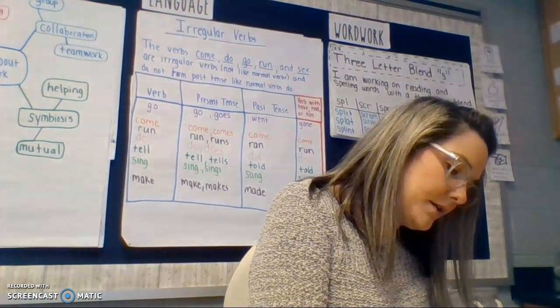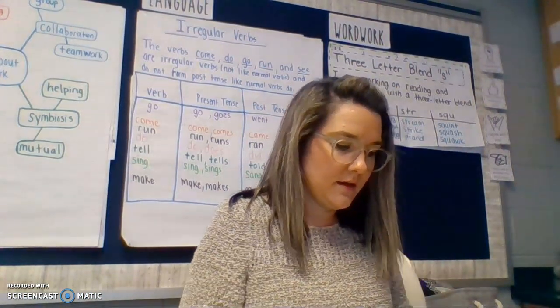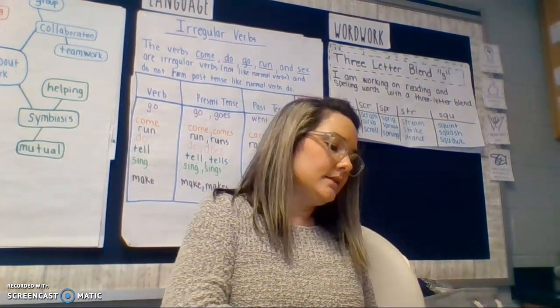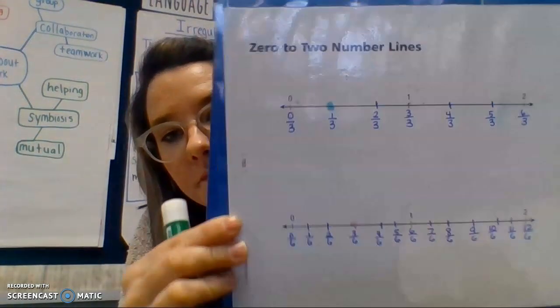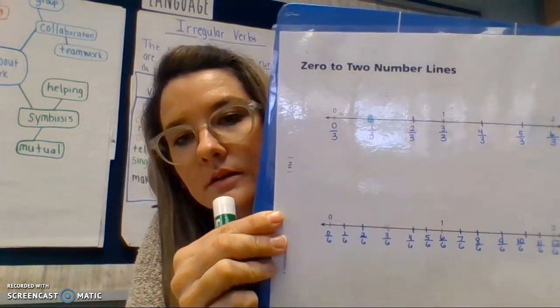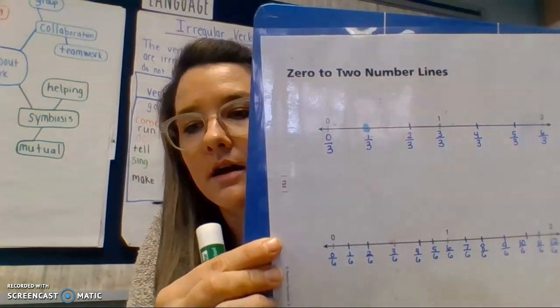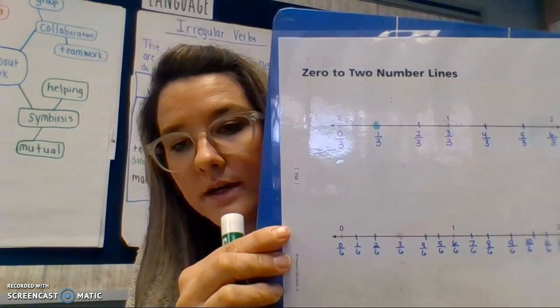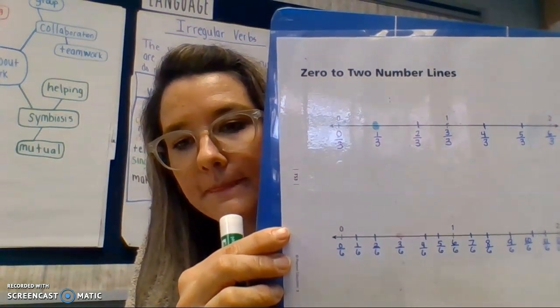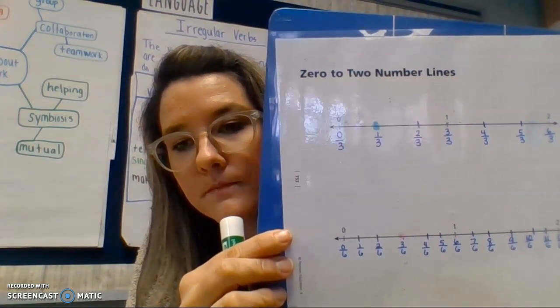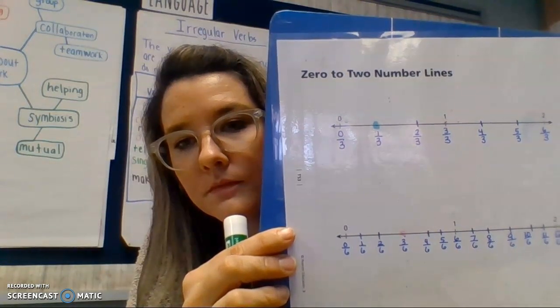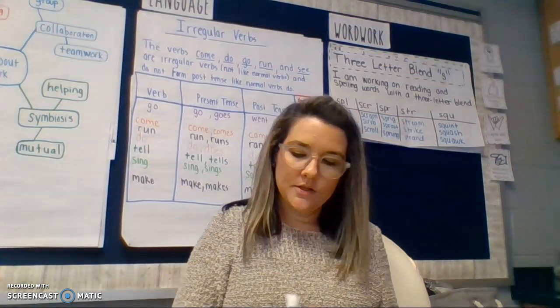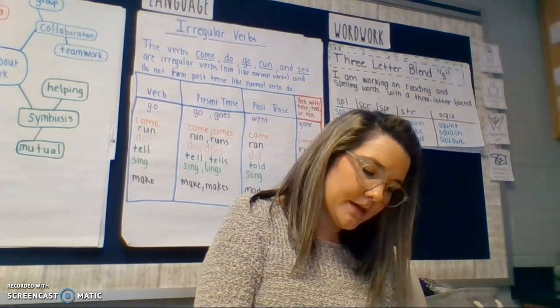Look at 1/3. Do you see a fraction on the sixths number line that falls on the same point? I see 2/6, but I'm going to double check and make sure.